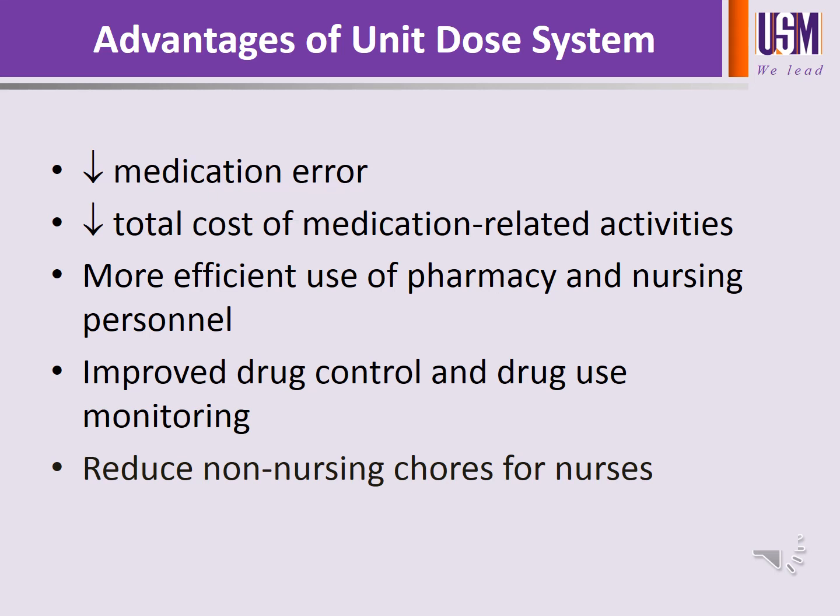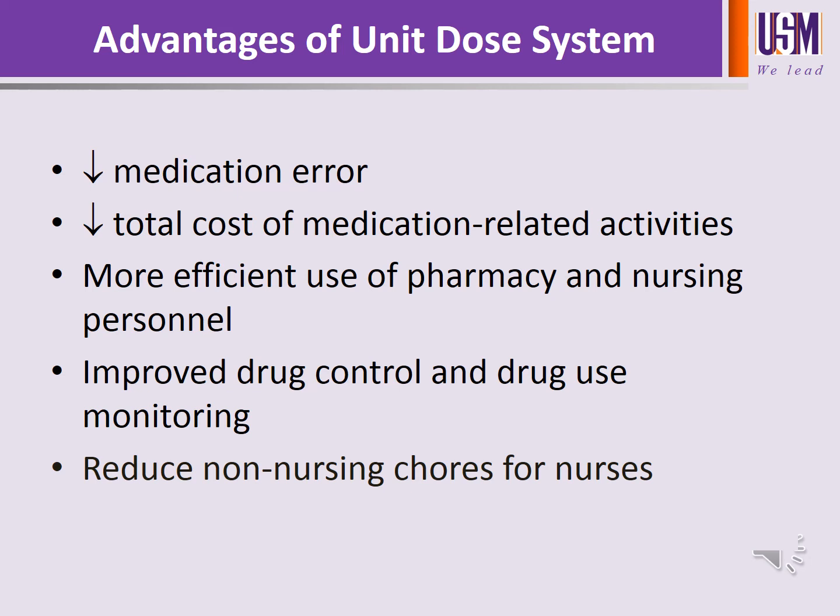There will also be a decrease in the total cost of medication related activities and more efficient use of pharmacy and nursing personnel, because we can see that a lot of people or pharmacists will be involved in supplying the medicine, and of course there are other processes that are involved in the unidose system. I will go into that later.